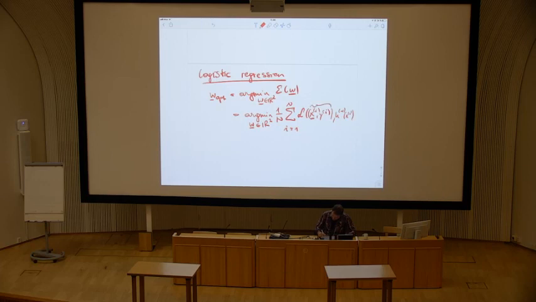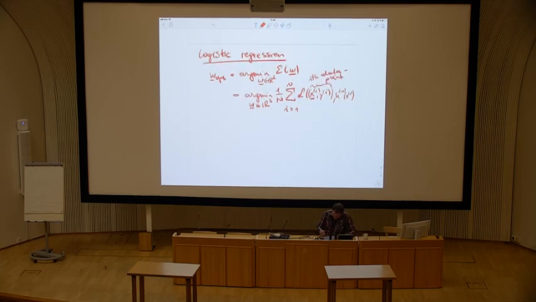So this is the ith data point, corresponding, for example, to the ith drawing in the quick draw database. And now we insert the logistic loss. So this was log(1 + e^(-y_i w^T x_i)), and here's a minus.